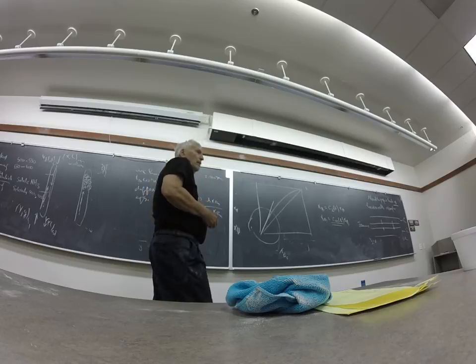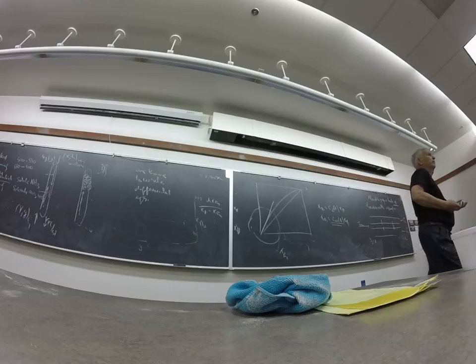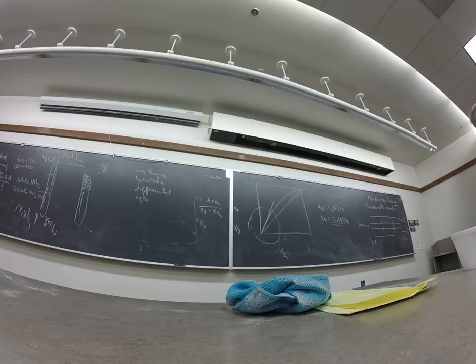Now, I'm going to say this now, and then I'll say it when we're done. This formula we're going to get applies only strictly to the double pipe. You will see a logarithm appear.